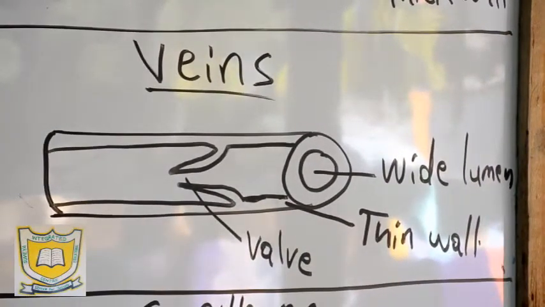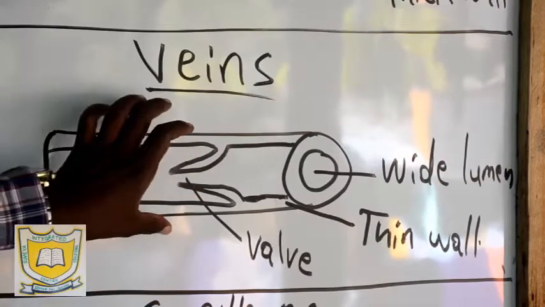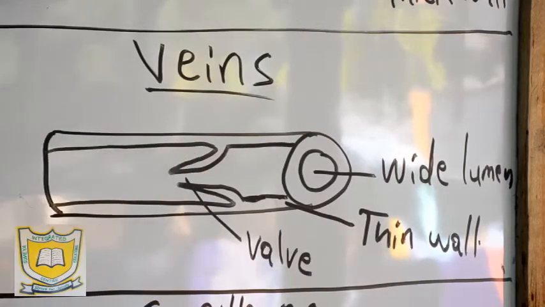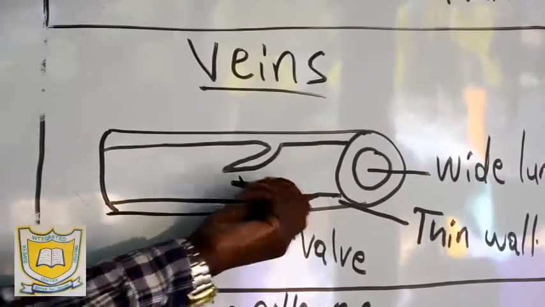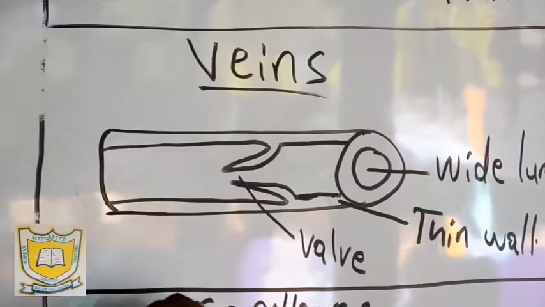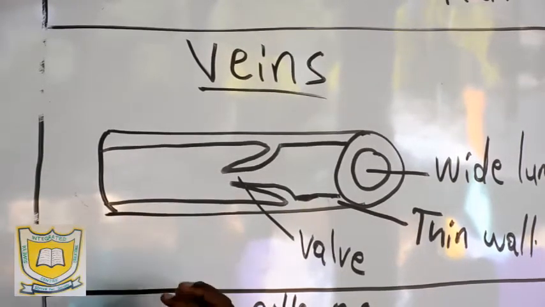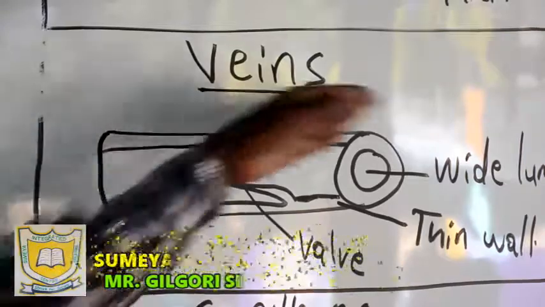And number 3, you find that the veins are having valves. What are the function of valves? The valves prevent backflow. When the blood is moving towards this direction, and due to this low pressure, it might tend to come back, start flowing backward.